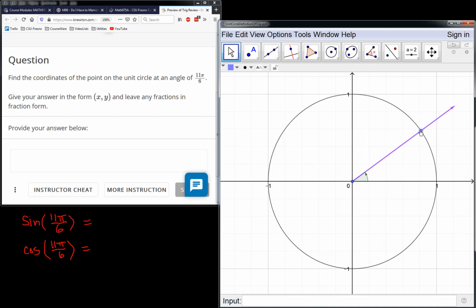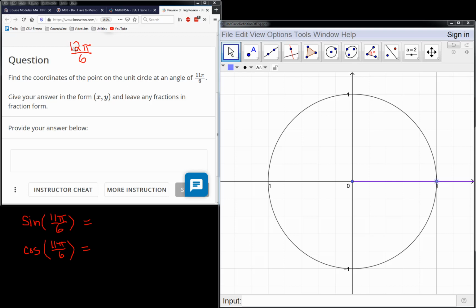So I need to figure out, what is 11 pi over 6 going to look like? The way I think about it is I look at those numbers, and I say 11 pi over 6 is very close to 12 pi over 6.